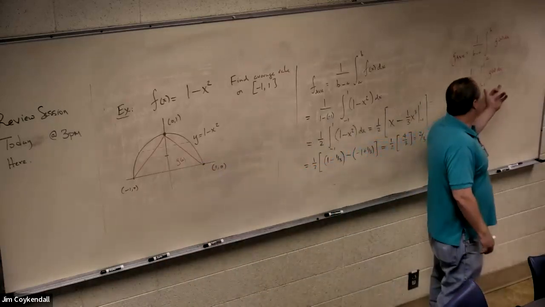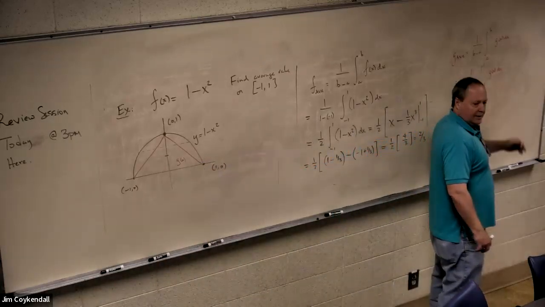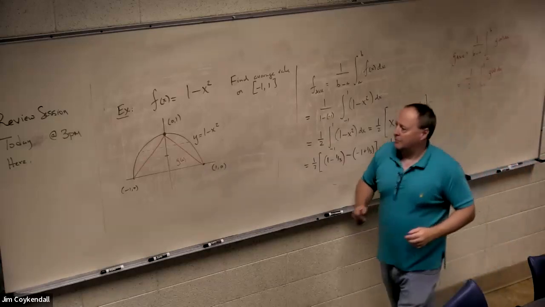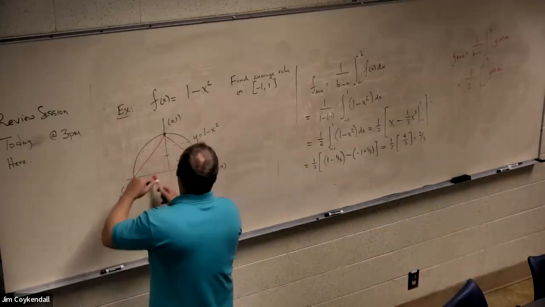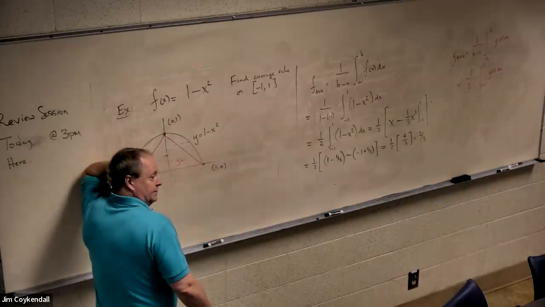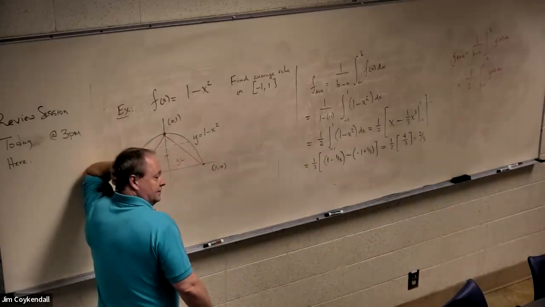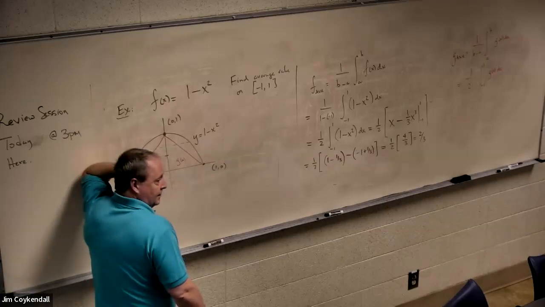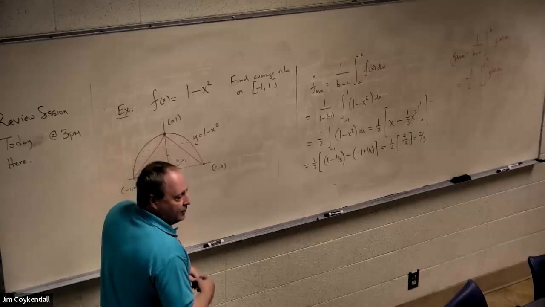But this is my puzzle. What is the integral from -1 to 1 of g of x if it's this red function? That's right. It's the area under the curve.